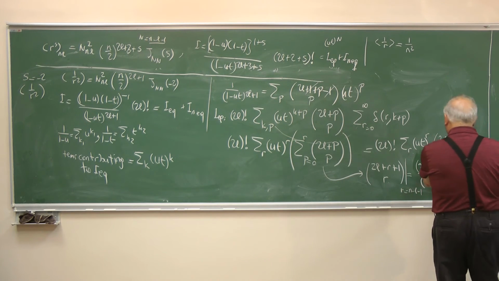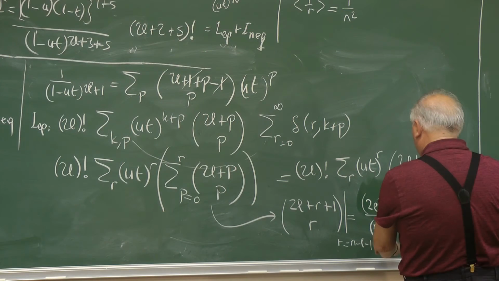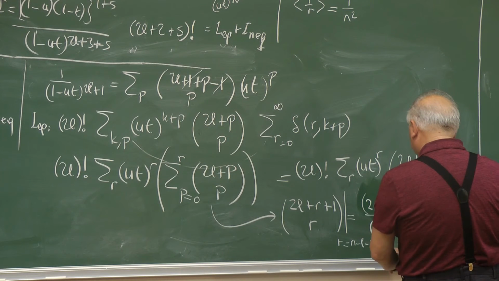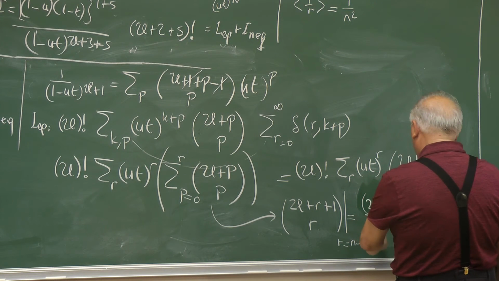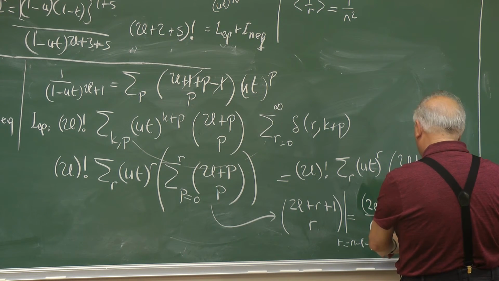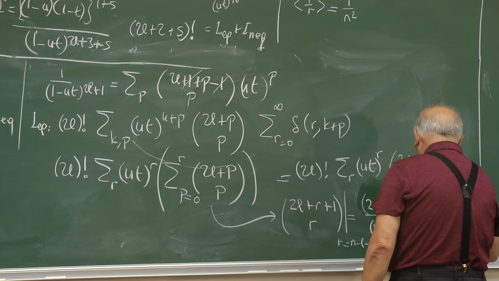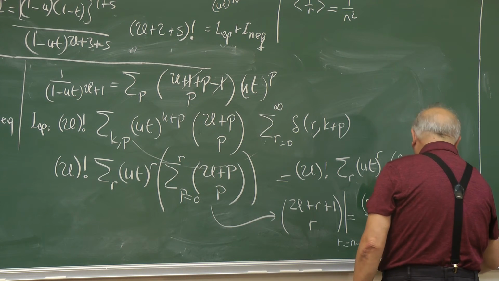So n plus l factorial divided by n minus l minus 1 factorial, and this is 2l plus 1 factorial.